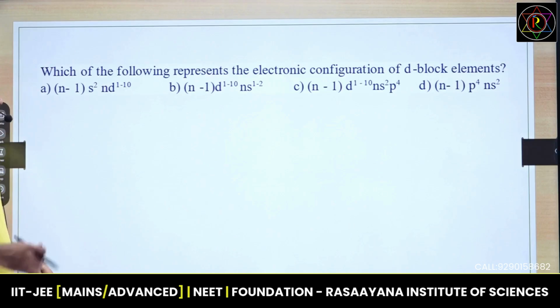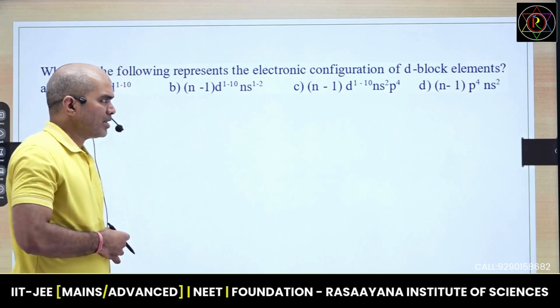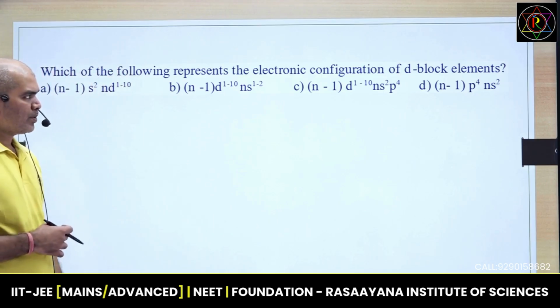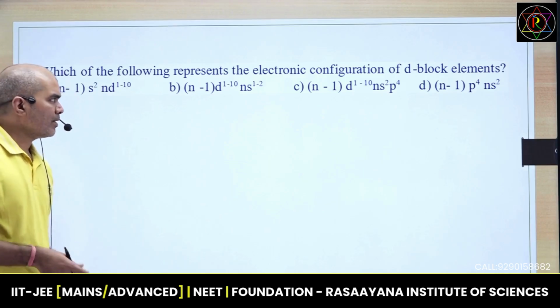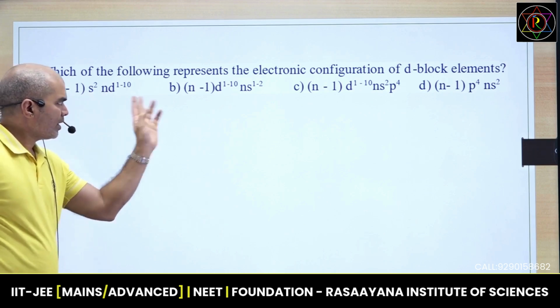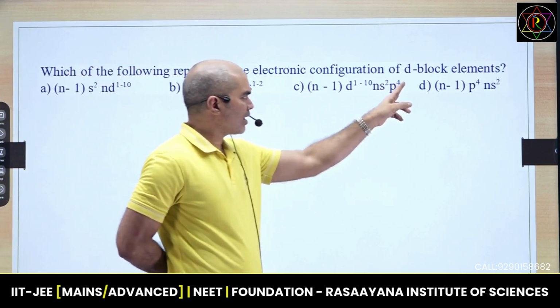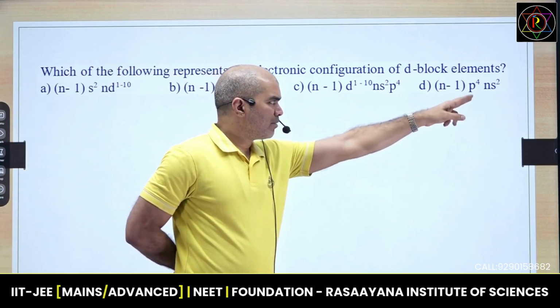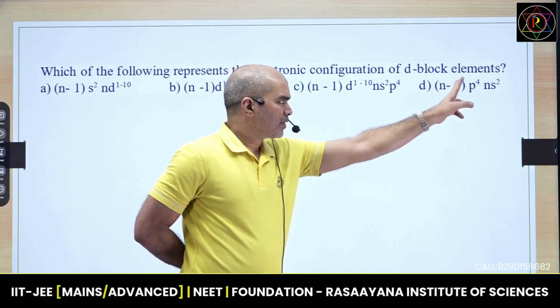Which of the following represents the electronic configuration of D block elements? Again, this is very simple. D block elements should have ns 1 to 2 and (n-1)d 1 to 10. So (n-1)s nd is wrong. (n-1)d ns is right. (n-1)p and ns is no, because p and s will have the same quantum number n.